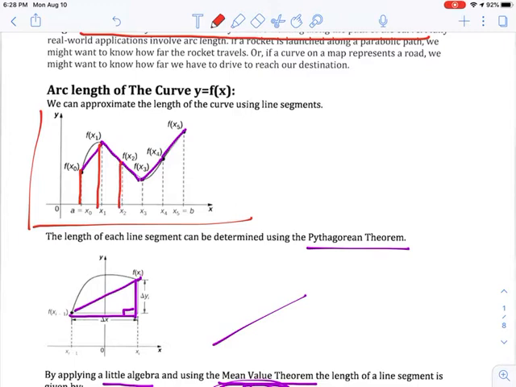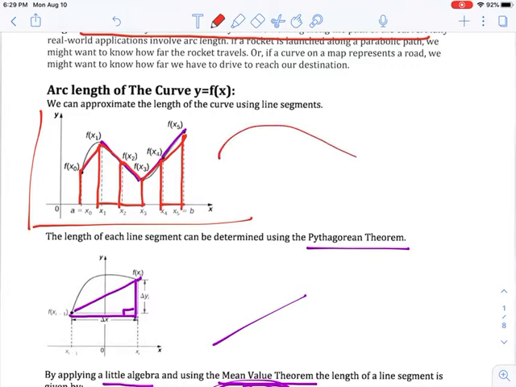In other words, we have trapezoids here. Each one of these areas is basically a trapezoid. And so we create not fewer, but more trapezoids, and we get a more accurate approximation.